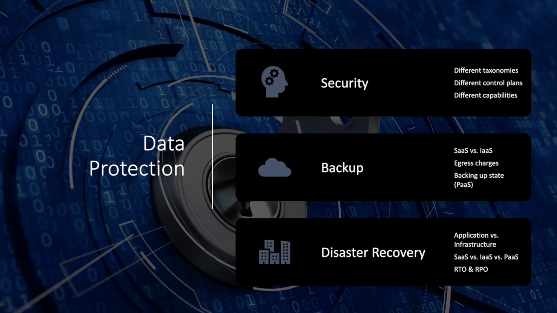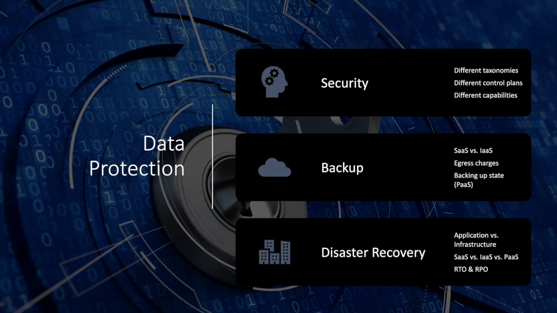You have to understand if you're going to approach this in multi-cloud via the application or the infrastructure layer. From a SaaS versus IaaS versus PaaS layer, for SaaS solutions, there's really not a DR use case.